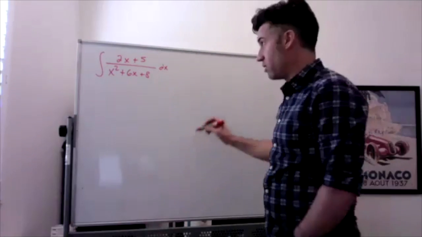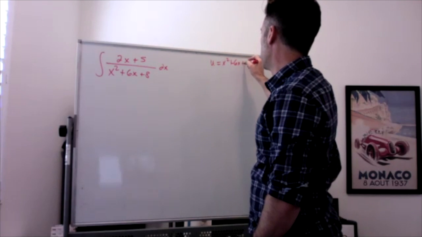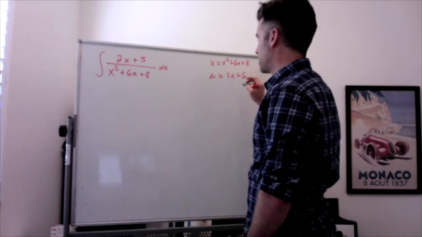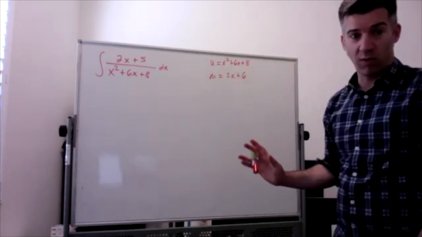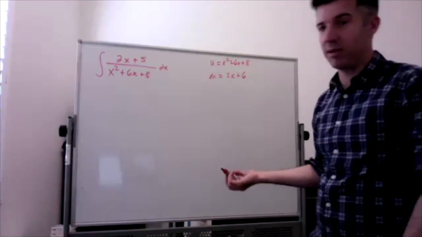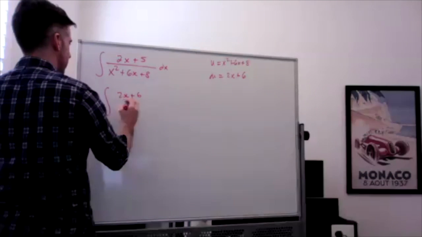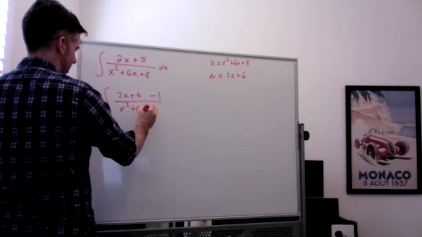If I let u equal the denominator, my du is 2x plus 6. So close. It's not really worth it, but some people like to say, well, I'm going to write this as the integral of 2x plus 6 minus 1 over x squared plus 6x plus 8.